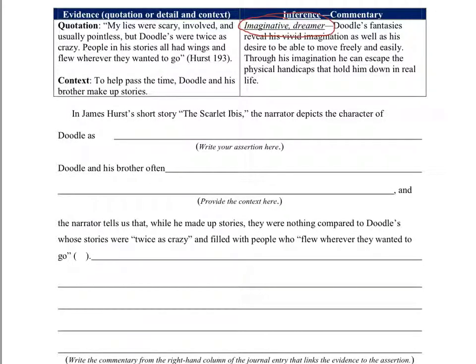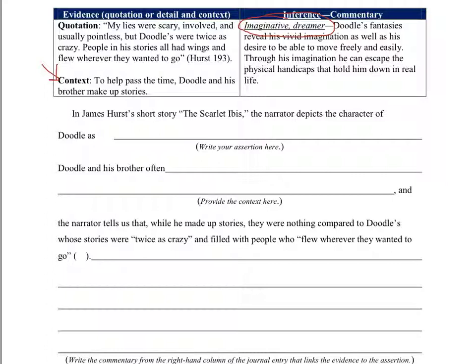He's imaginative and a dreamer. So write that in. Then Doodle and his brother often, and here you must provide the context. The context you can find right here in the journal entry. So rephrase that a little bit and fit that in.